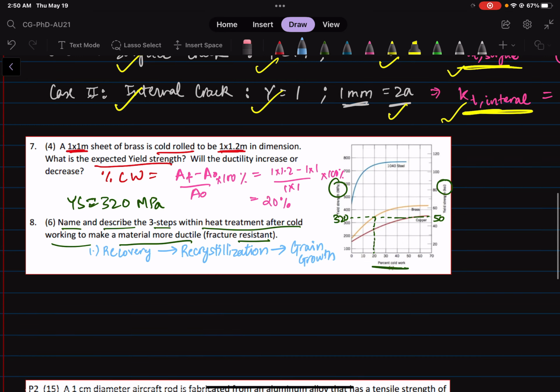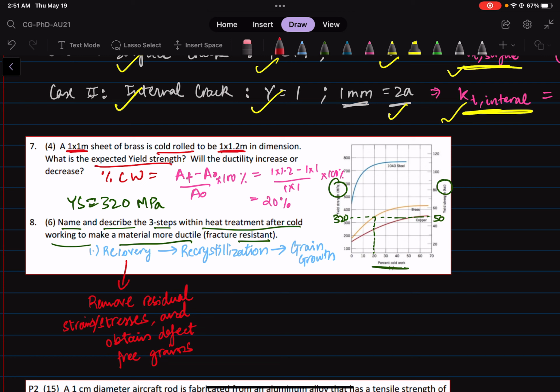So the idea being that in the recovery process, you remove residual stresses and obtain defect free grains. Residual stresses or strains, you could call it. So you remove the residual strains in the material, and then you obtain defect free grains.